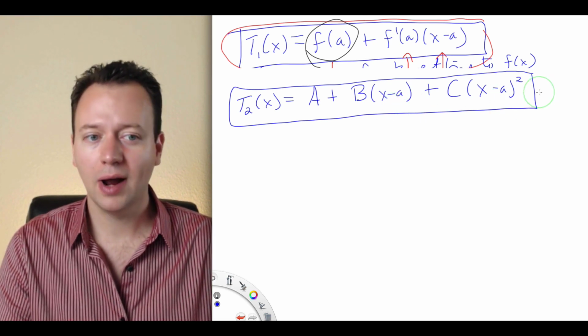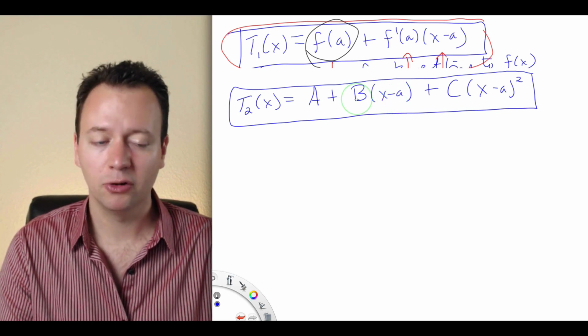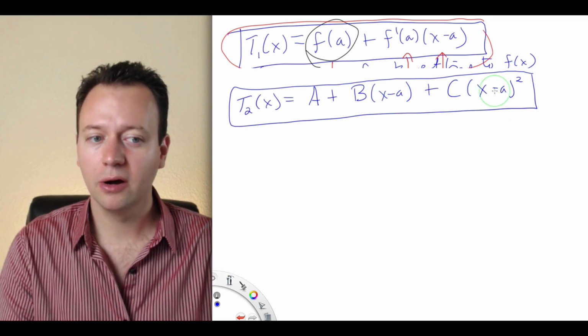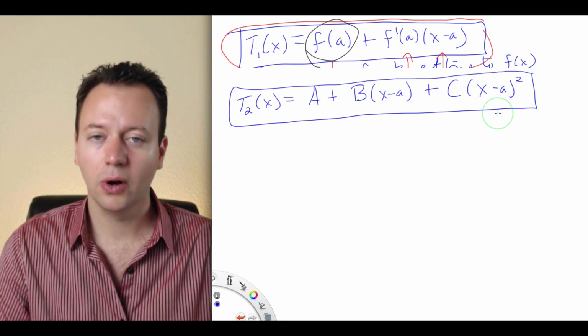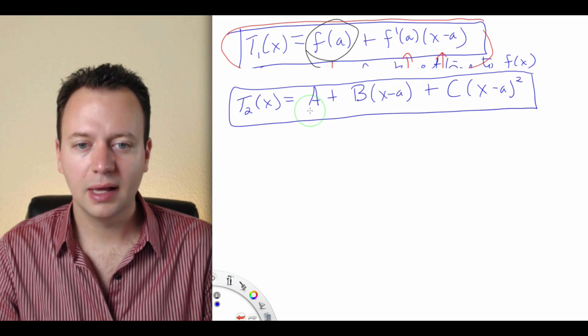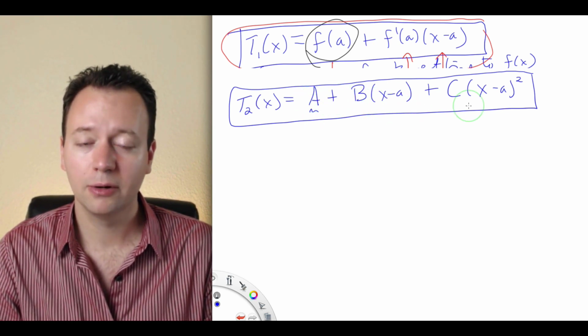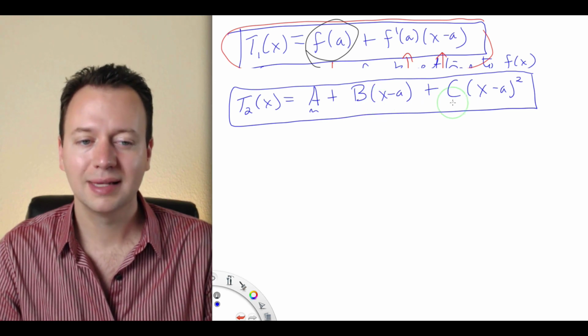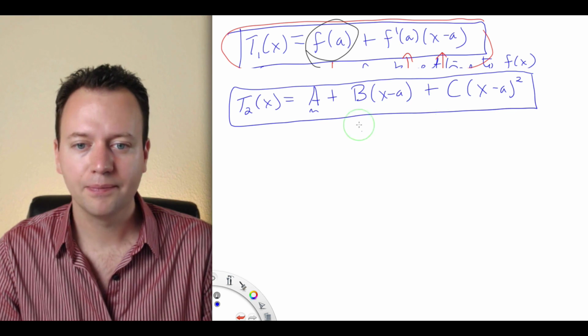It's still a quadratic function because if you expand, you get Bx minus little a times capital B. And then here you get x squared minus 2ax plus a squared, but again, it's still a quadratic function. And so instead of setting it up as capital A plus capital Bx plus capital Cx squared, I'm setting it up using x minus a instead of x.